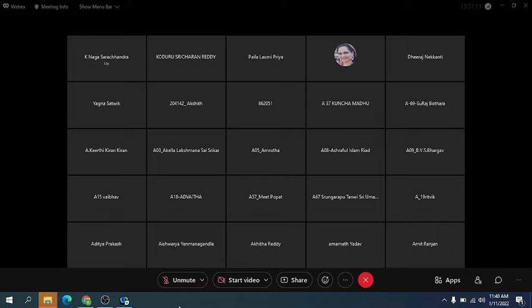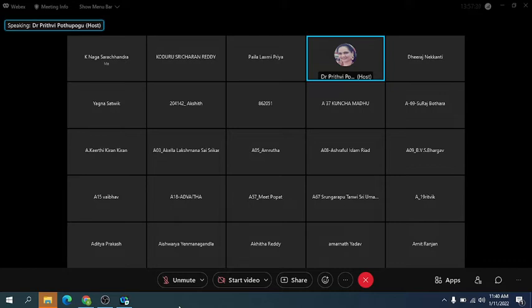This is one set of experiment. So implementation of 8 is to 1 and 16 is to 1 multiplexer using a lower level of 4 is to 1 multiplexer. This should be written in structural style.